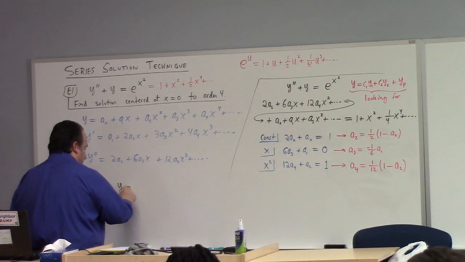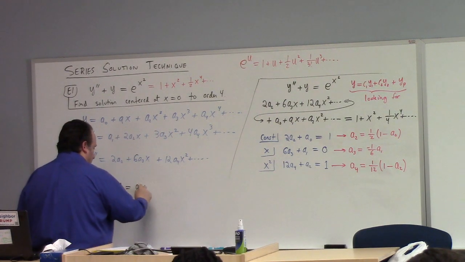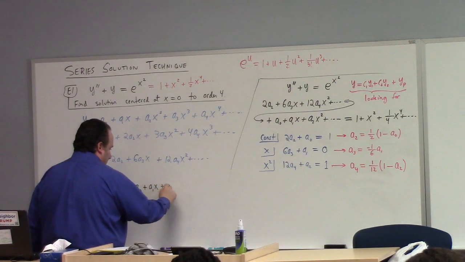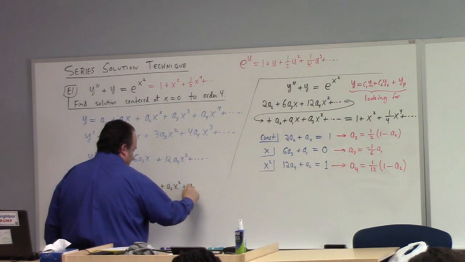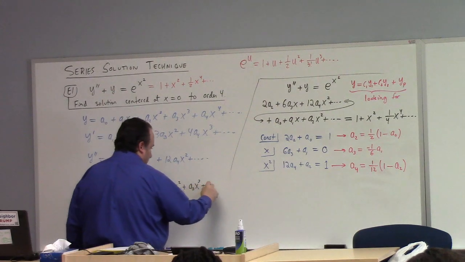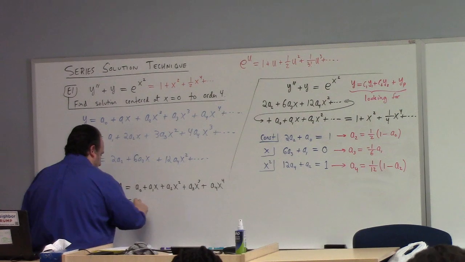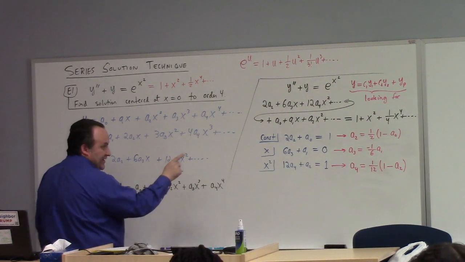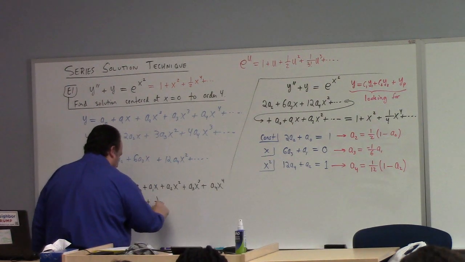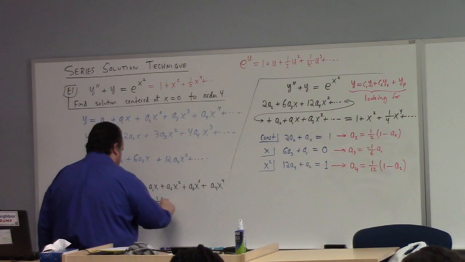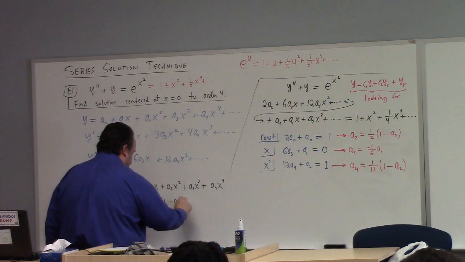So y is equal to a0 plus a1x plus a2x squared plus a3x cubed plus a4x to the 4th. But in detail, that is a sub 0 plus, what is my a1? My a1 is 1/2 of 1 minus a0 times x.